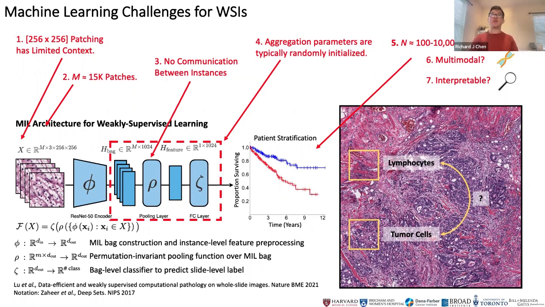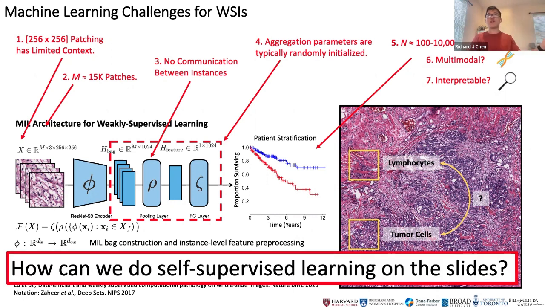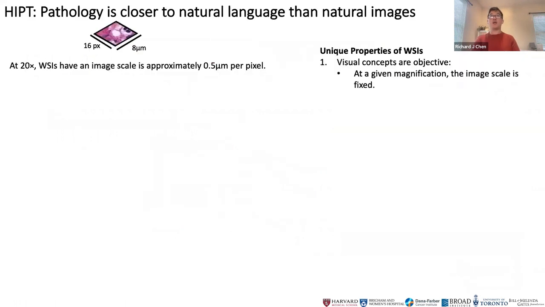The primary motivation of this work was not so much on the multimodal side, but trying to solve the problem in the red box: how do we learn context, and how do we broadly do self-supervised learning at the whole slide level, where we're not just doing unsupervised feature learning at the patch level, but also initializing the aggregation of all of these patches with pre-trained features.